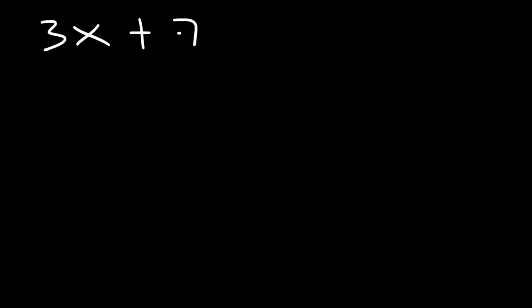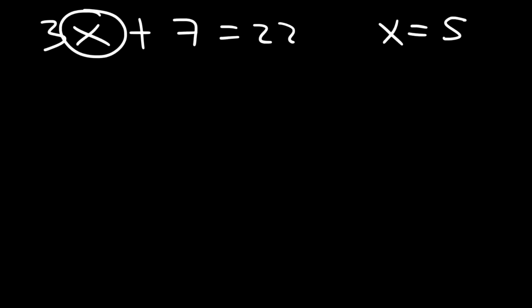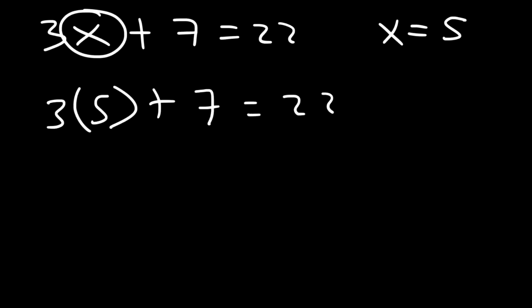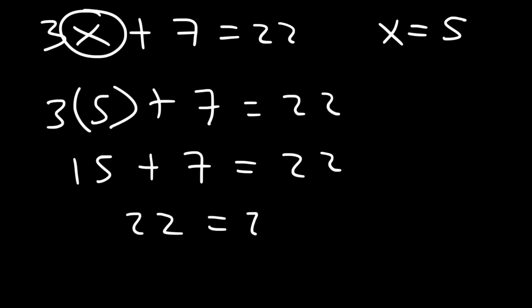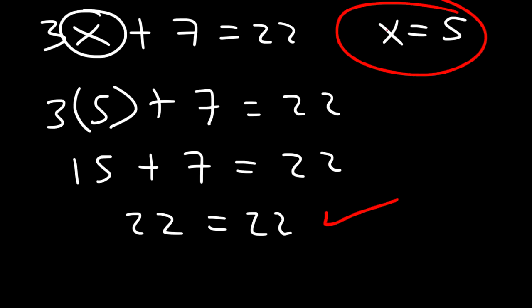So here is the original equation, and we said that x is equal to 5. So let's substitute x with 5. 3 times 5 is 15. 15 plus 7 is 22. So the equation is balanced, which means that this is the right answer.